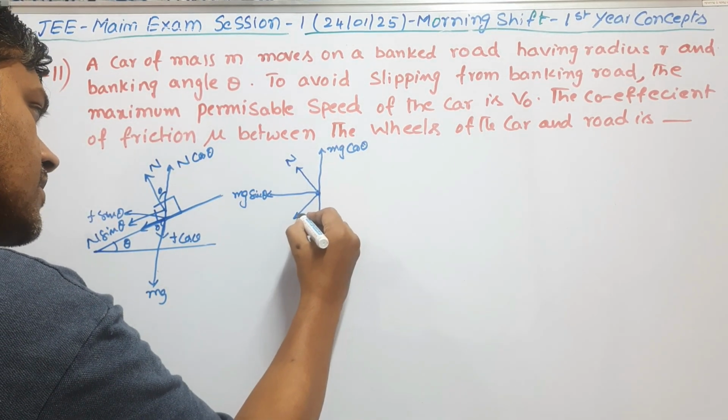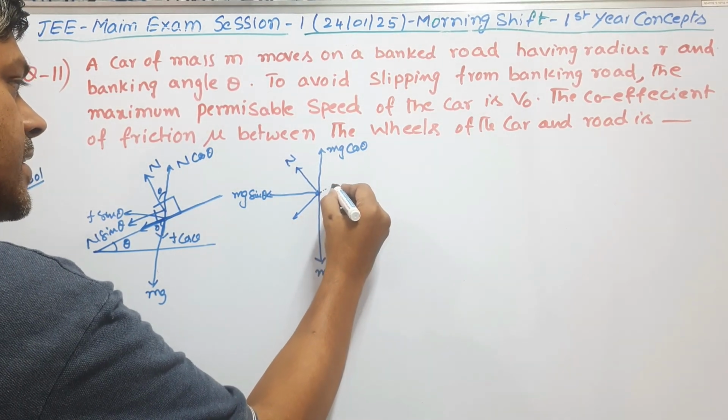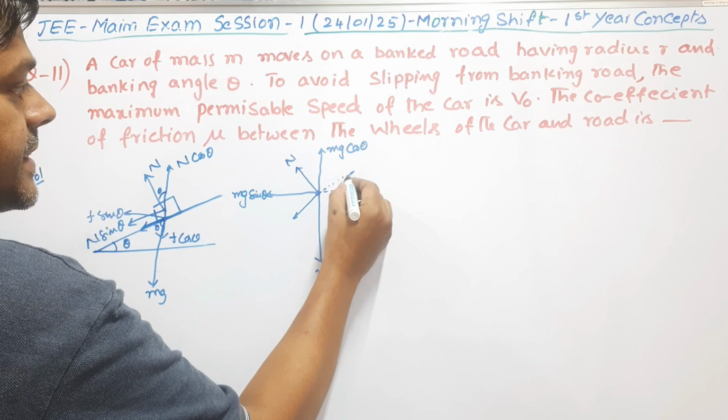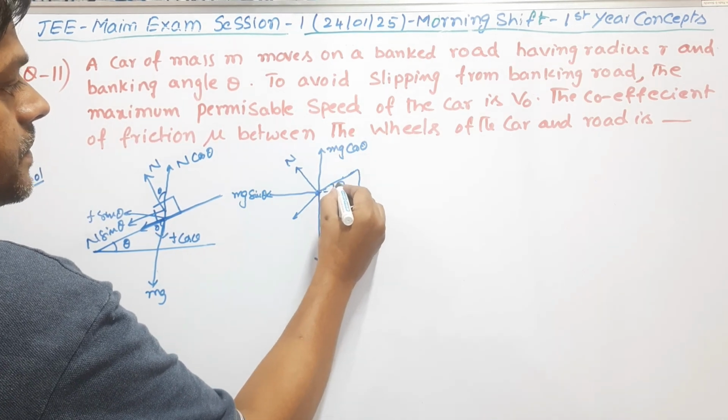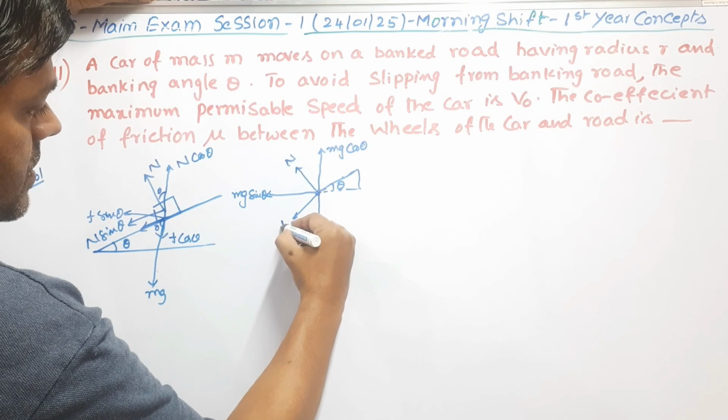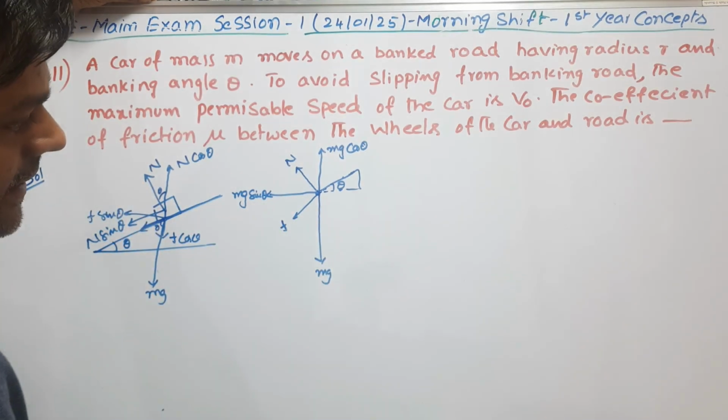This is the direction of friction, acting along the banked road.